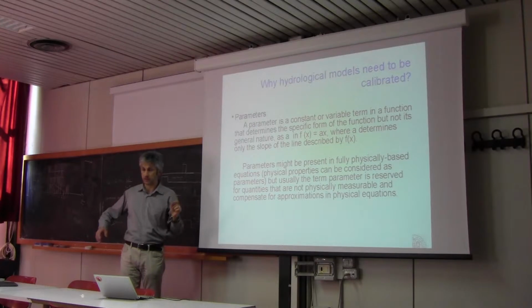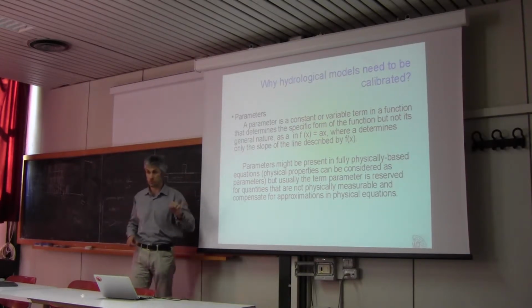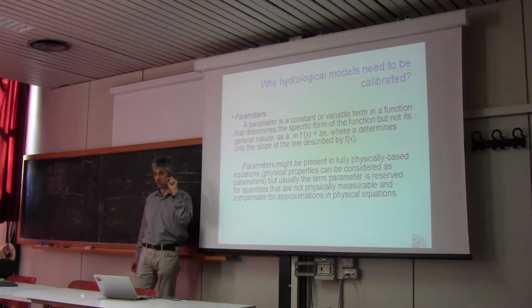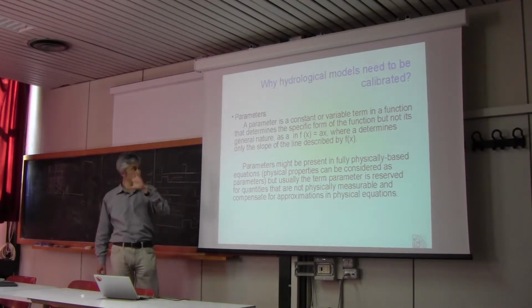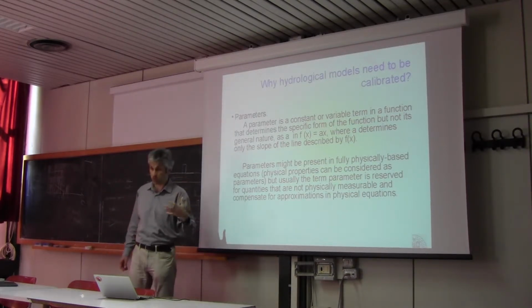Even if you write a hydrological model in a fully physically based form, which means that you use the relationships given by the theory of physics, then anyway you have parameters. Let's think, for instance, of flood routing.